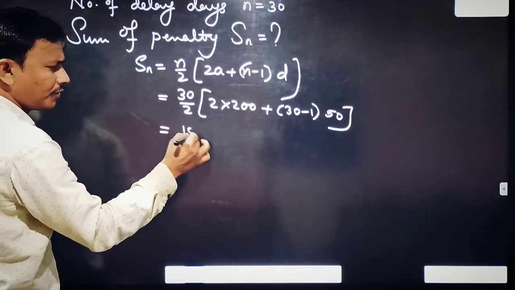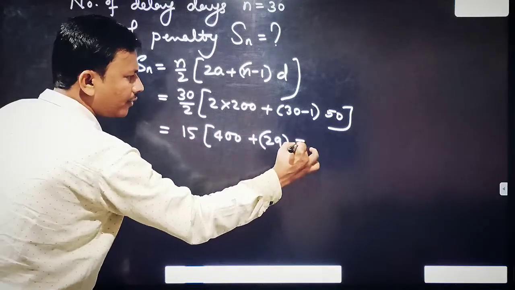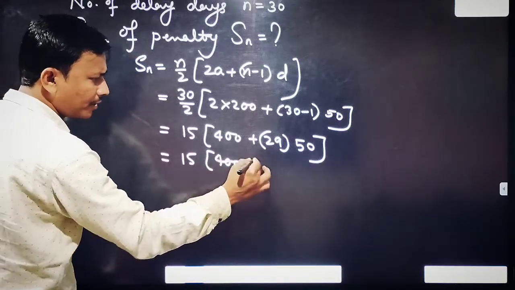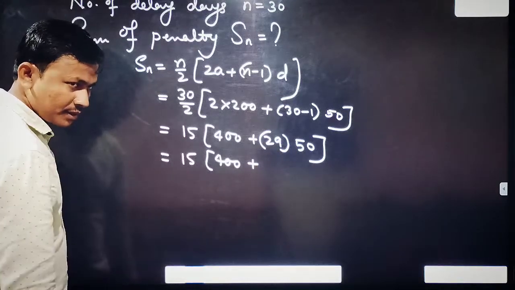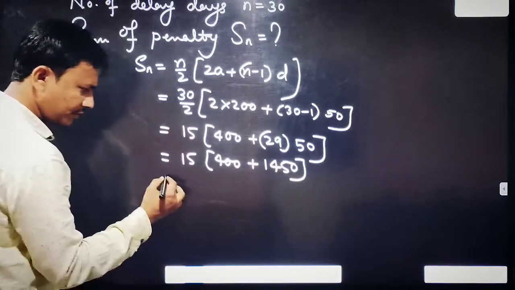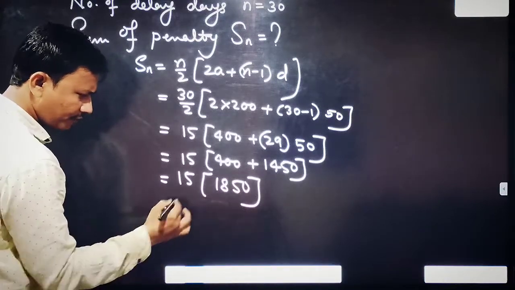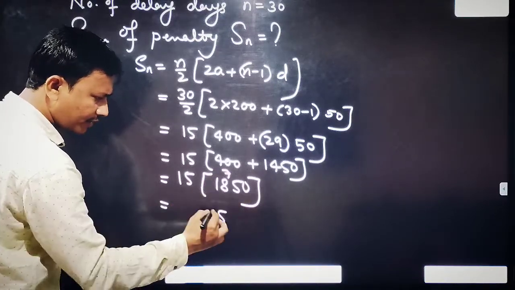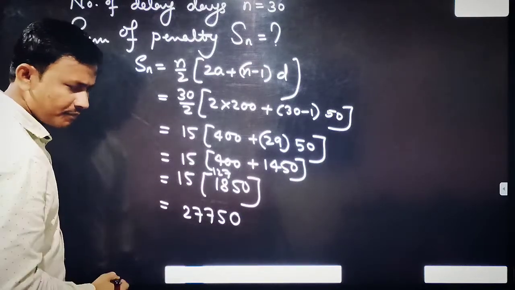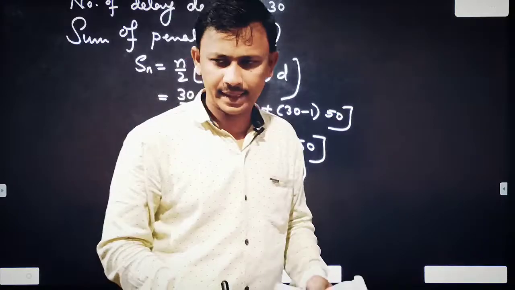This is equal to 15 in bracket 400 plus 29 into 50, which is 15 in bracket 400 plus 1450, equal to 15 into 1850. 15 times 1850 is 27,750 rupees, the sum of the penalty.